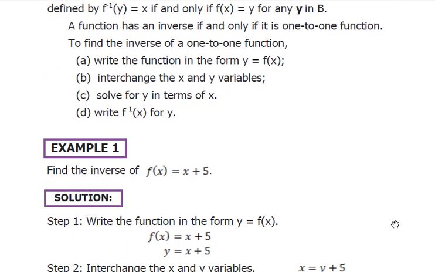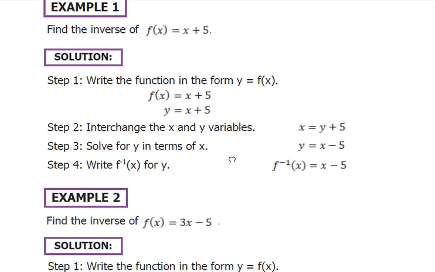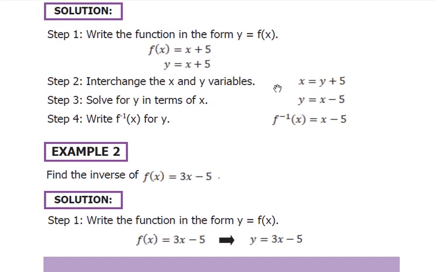Now, example 1 is done for you here. Let's examine example 1. Find the inverse of f of x equals x plus 5. So we have to transform this to the form y equals x plus 5. Then interchange the variables x and y. So in this case, this is y here, so you make it x, and instead of writing x, you make it y.